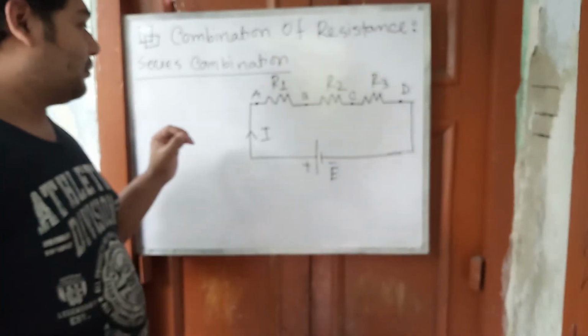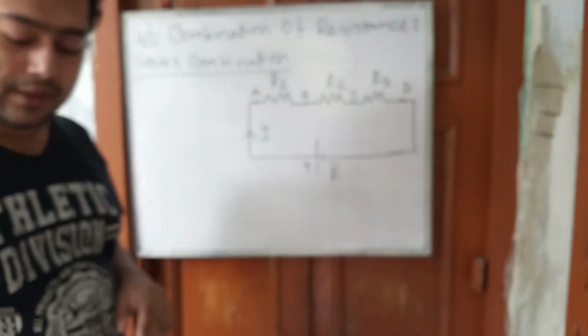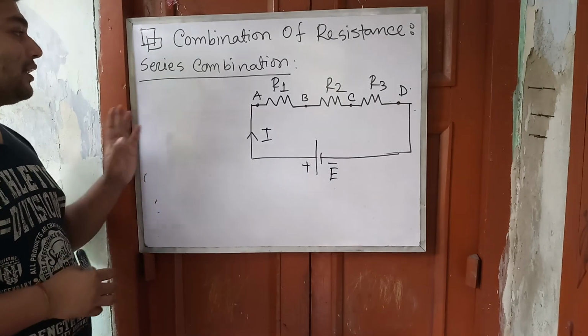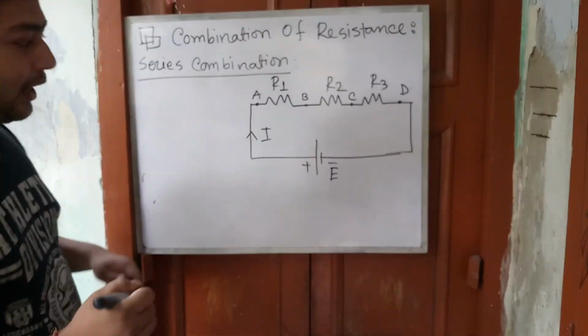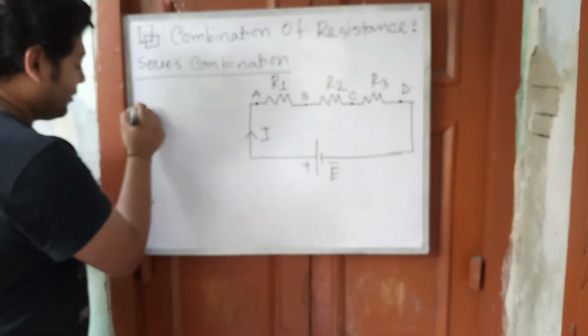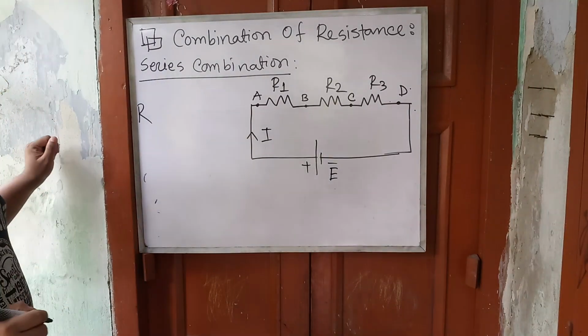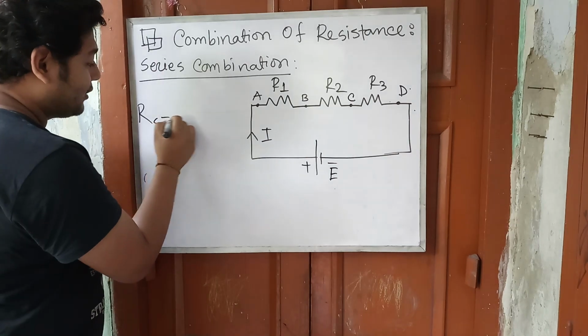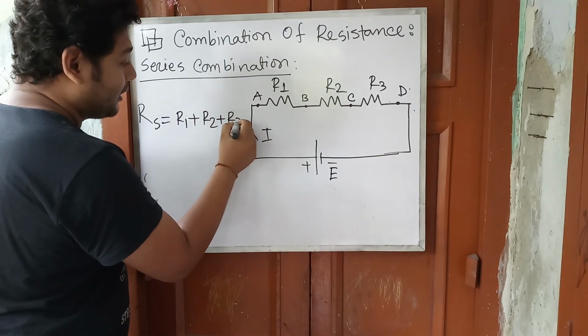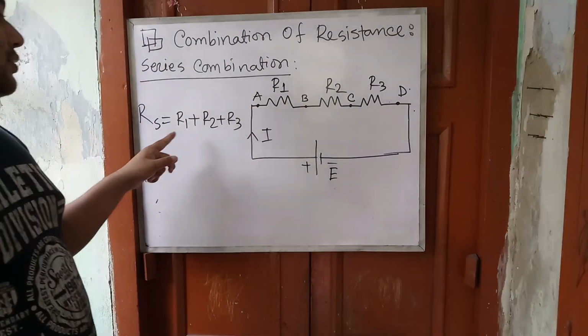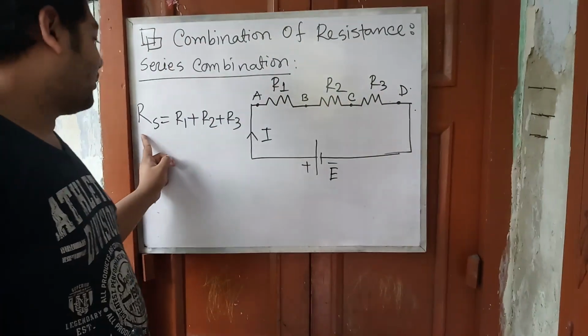This type of combination is called series combination. And the equivalent resistance we can write as R equal to R1 plus R2 plus R3. We use three resistances, so this formula will be that.